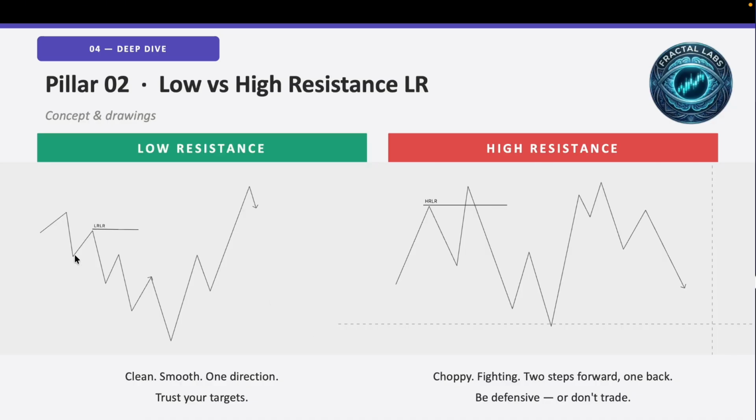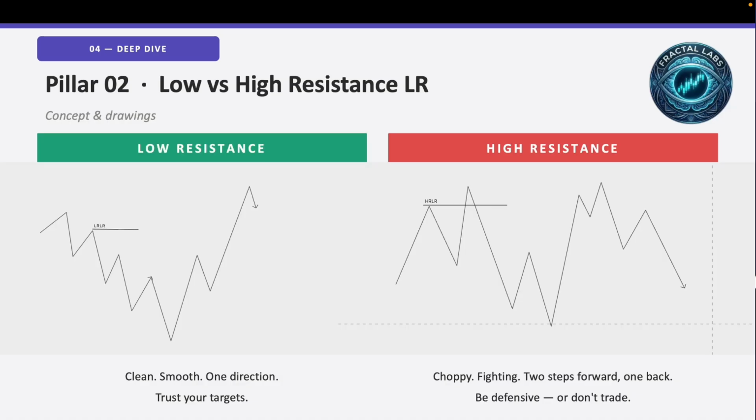When you have clean, smooth, one direction, probably here there are imbalances that are respected and price is trending very well. And then when price changes its direction, they all become targets. It all becomes liquidity to get taken very easily, to get run through.